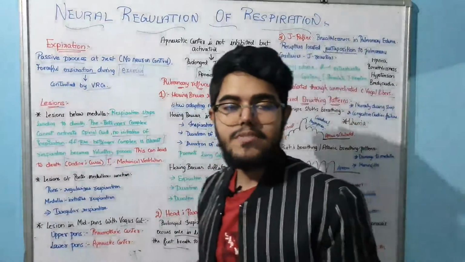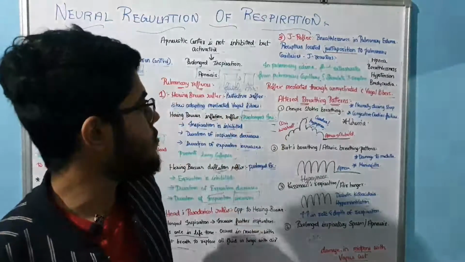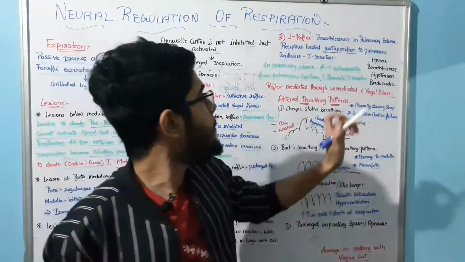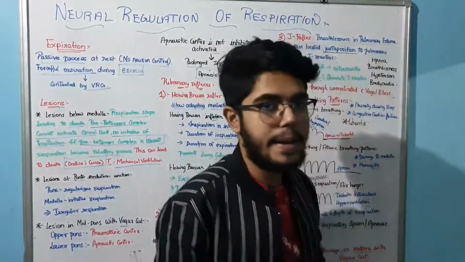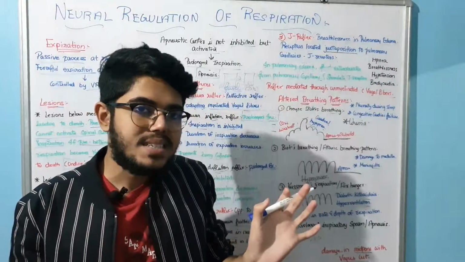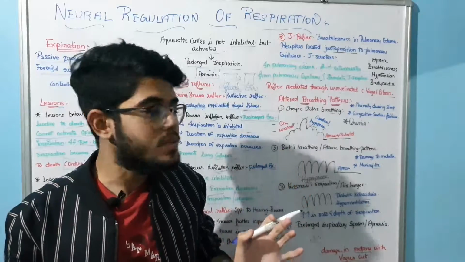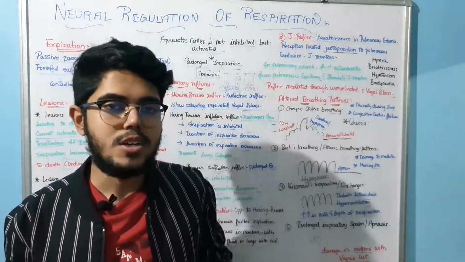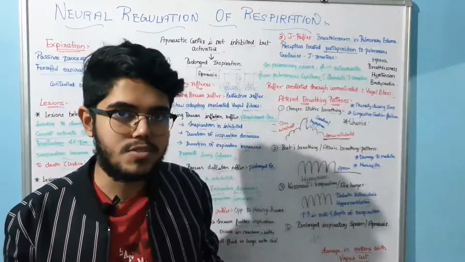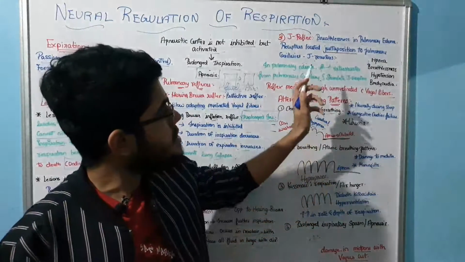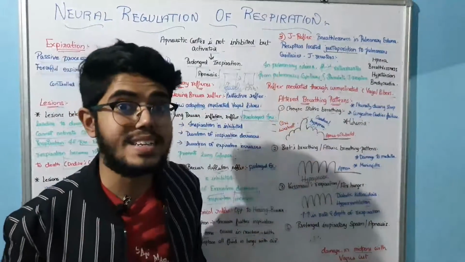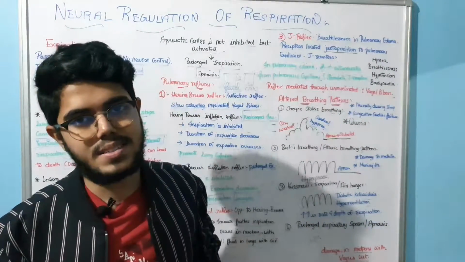Next important thing, we have the J reflex. Listen carefully. The J reflex occurs in the condition of pulmonary edema. So the main symptom the patient comes with is breathlessness. We have different receptors for this. These receptors are present in the juxtaposition of the pulmonary capillaries, and are called J receptors.